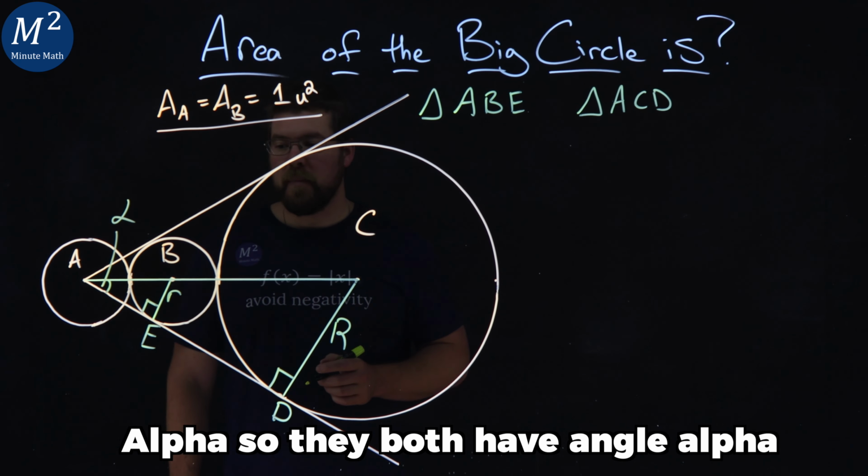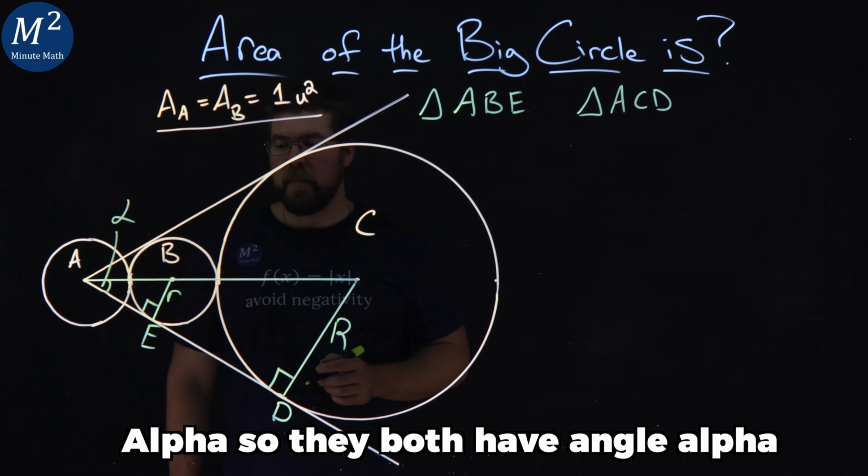What about side length AC? Well, side length AC has our big R, our big radius, plus little r, little r, little r. 3 little r's, so plus 3r.